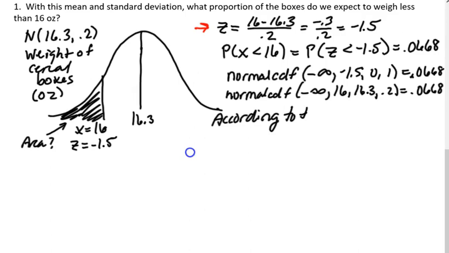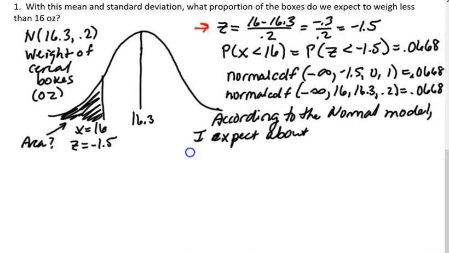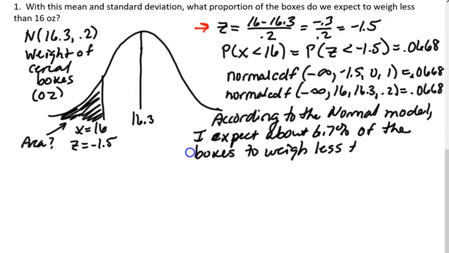So according to the normal model, I expect about 6.7% of the boxes to weigh less than 16 ounces.